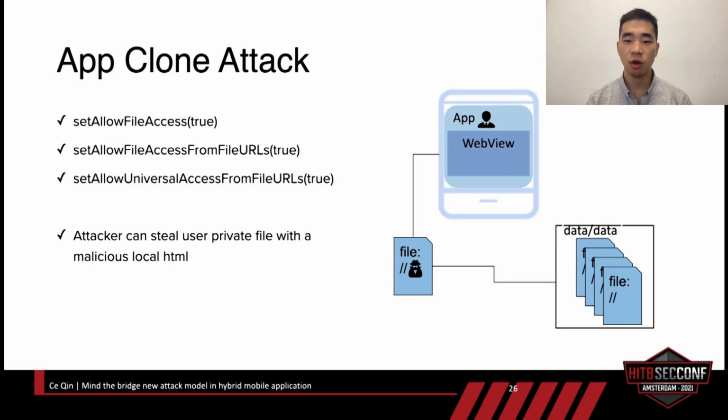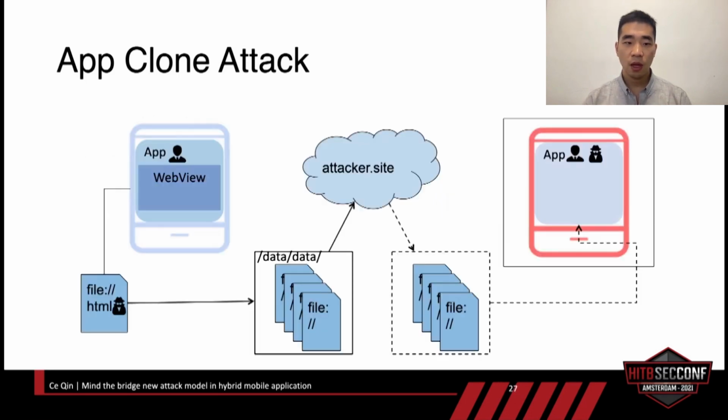With setAllowFileAccessFromFileURLs, this local page could access any private file with the app's permission. After getting private files from the target app, an attacker can totally clone a victim's account 20,000 miles away, and the victim may not become aware.